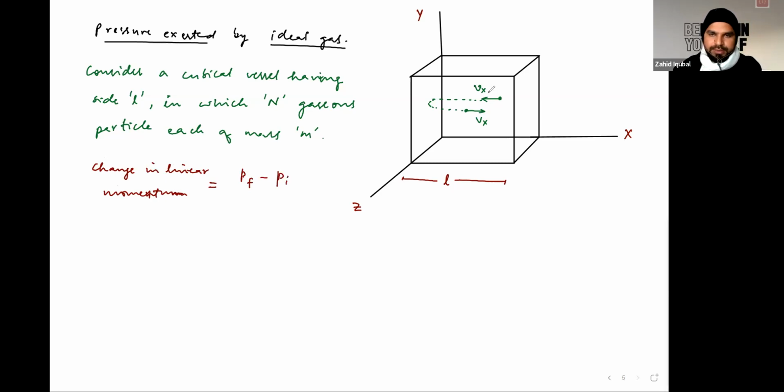Initially, this particle is going along the left direction, that is negative x-axis, and finally on collision with the wall of the container, its motion is along the positive x-axis. So the final momentum will be m times vx, and the initial momentum is minus m times vx. So minus and minus will cancel out, and you'll get the change in linear momentum as 2 m vx. Is it clear?